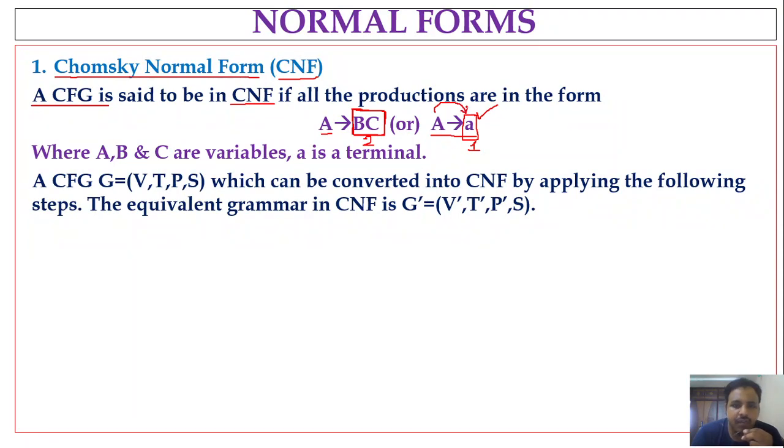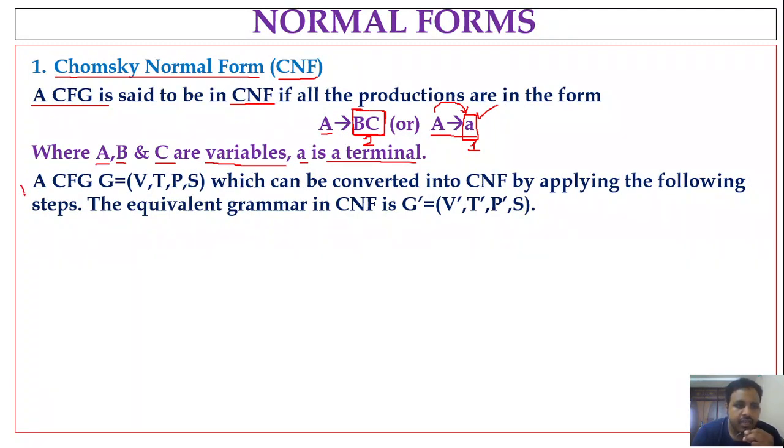If the productions are written in this form, then the CFG will be considered as in CNF, Chomsky normal form. Here capital A, capital B, capital C are the variables and small a is a terminal.